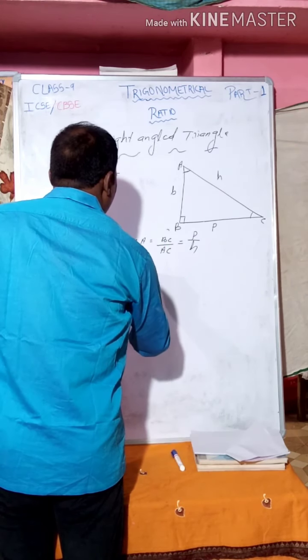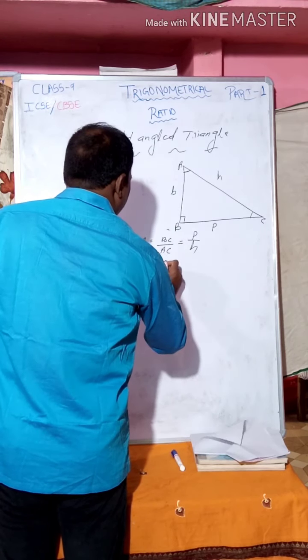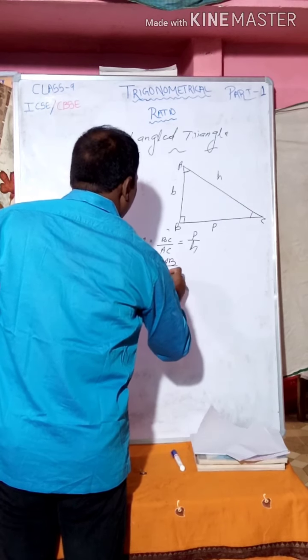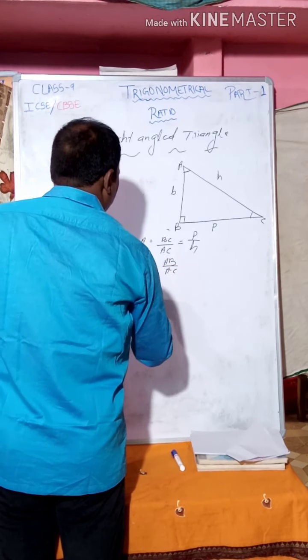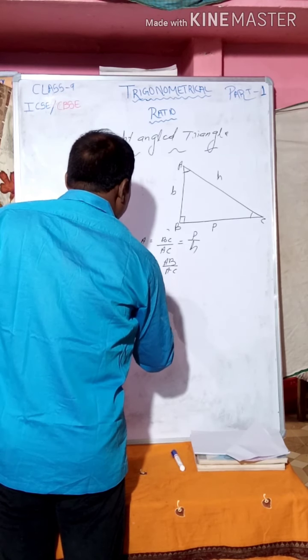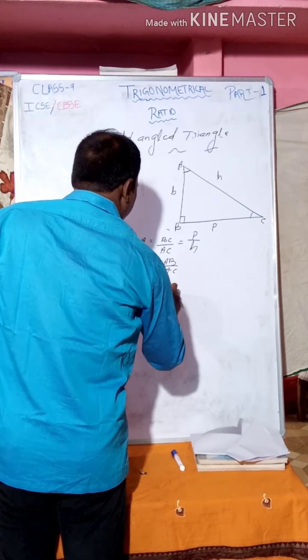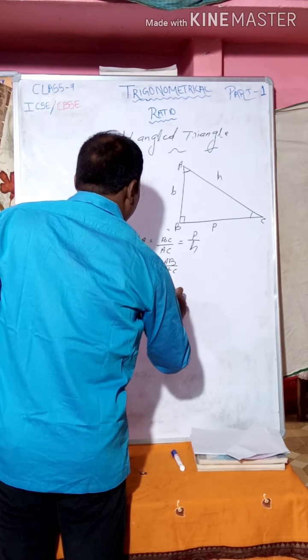Cos A is equal to B by H, AB upon AC. Tan A is equal to P by B, BC upon AB.